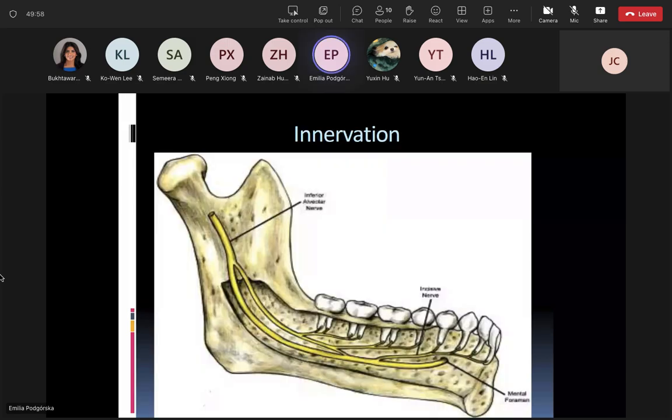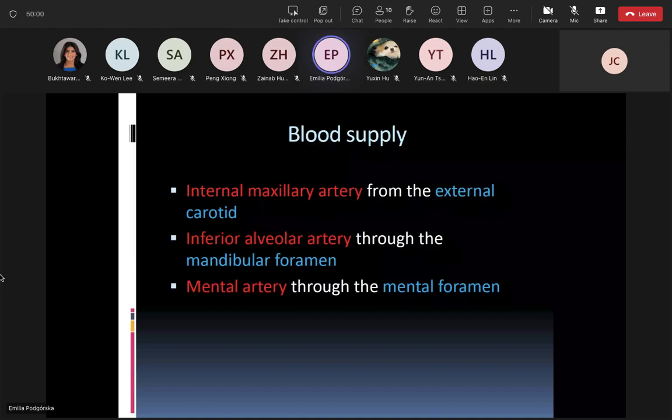Blood supply: the internal maxillary artery from the external carotid, the inferior alveolar artery through the mandibular foramen, and the mental artery through the mental foramen.